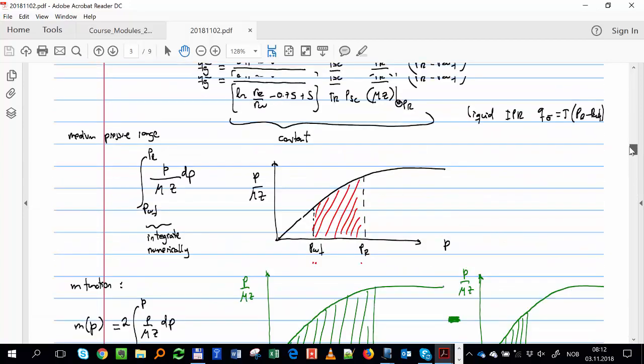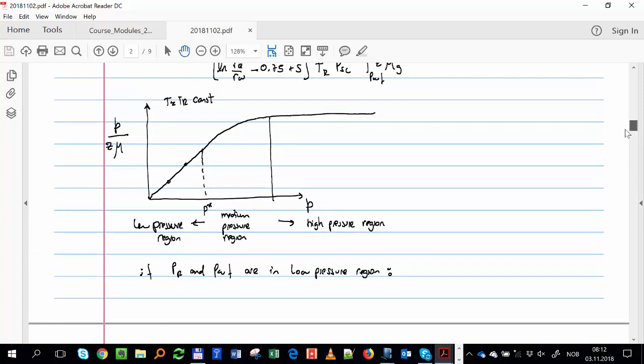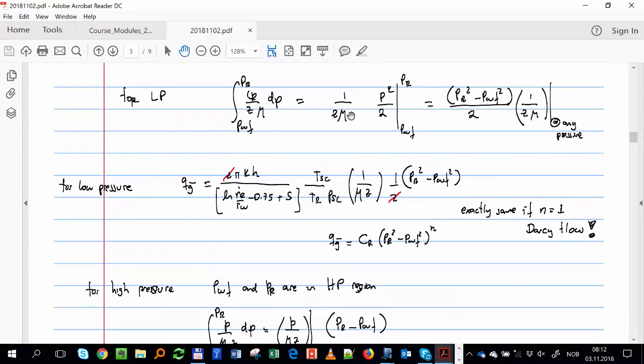So for low pressure, I think that's the first thing we have done. For low pressure, we evaluated μc at any pressure, so it can be at the bottom hole, at the reservoir, at any pressure, but then the integral gave you p squared minus p squared. And this equation, I told you, looks very similar to the back pressure equation we used on day 2, that was measured on the field, measured by test.